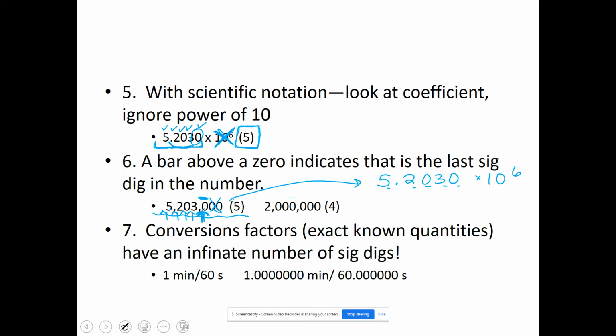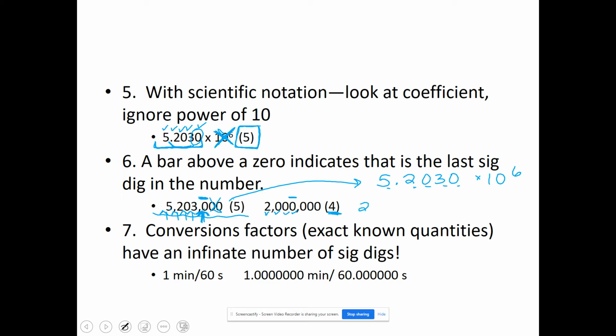So this other example with 2 million, we have 4 sig digs. So the line goes above the 4th number, 1, 2, 3, 4, which is the 3rd 0.